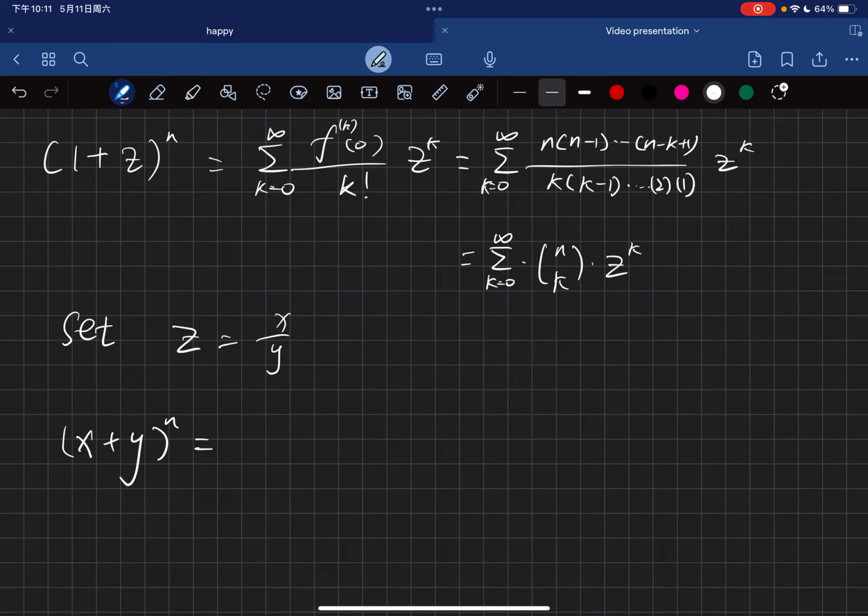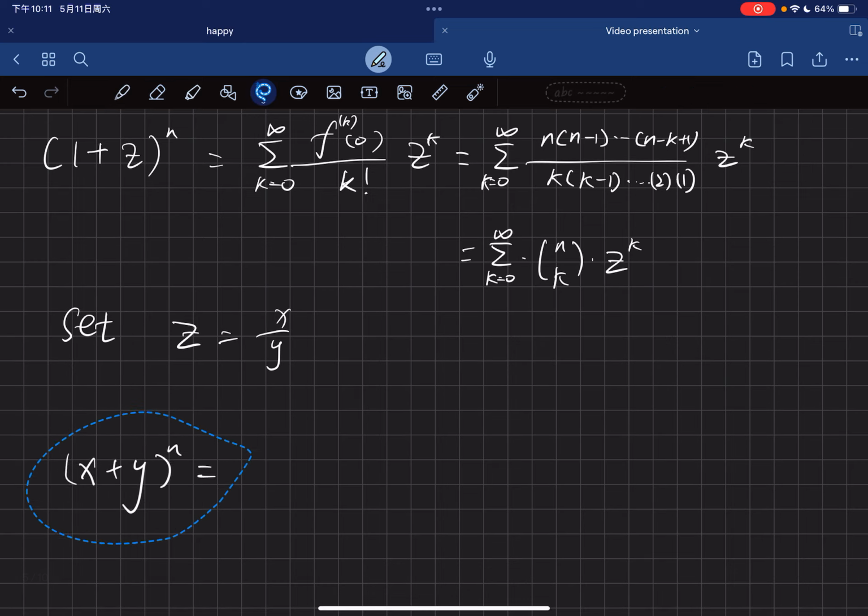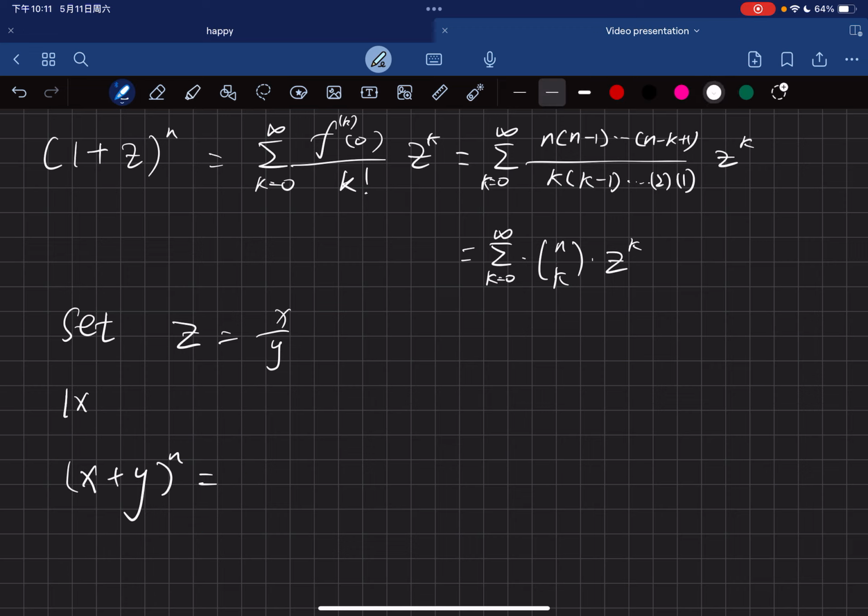But one thing you should remember is that there is a restriction: the absolute value of x should be bigger than or equal to the absolute value of y, because we need the Taylor series to be convergent.